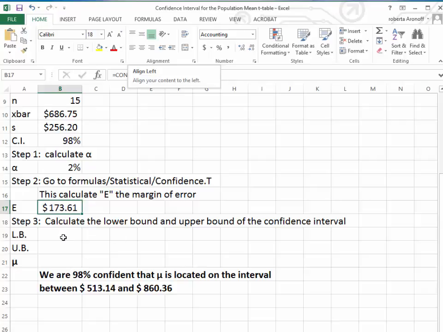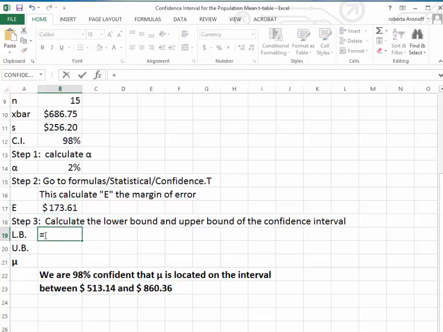So again, we have to calculate the lower bound and the upper bound of the confidence interval. The lower bound is equal to the sample mean minus the margin of error. The upper bound is equal to, and I'm going to get the equal sign there, the sample mean plus the margin of error.